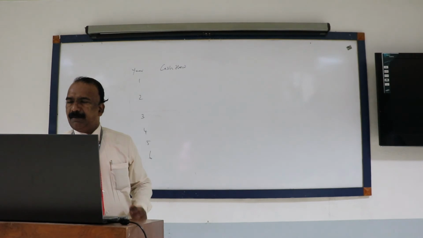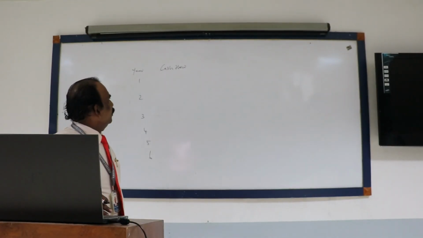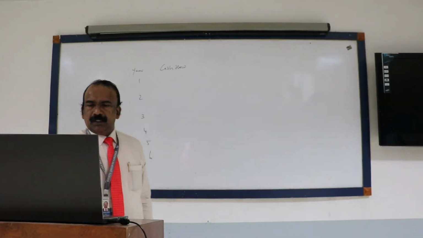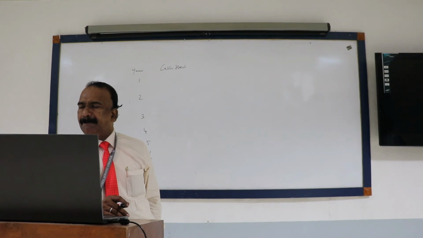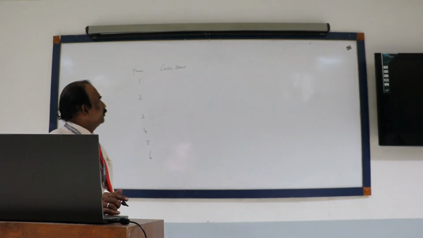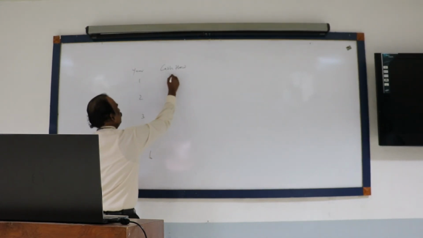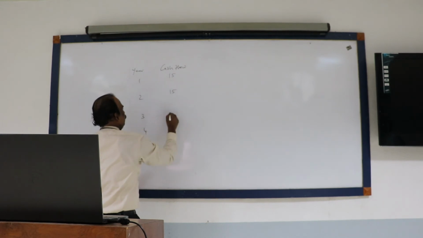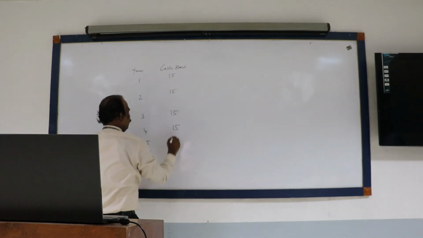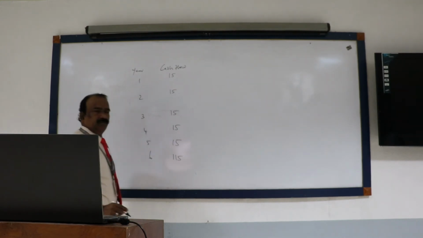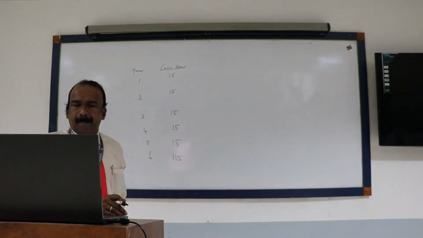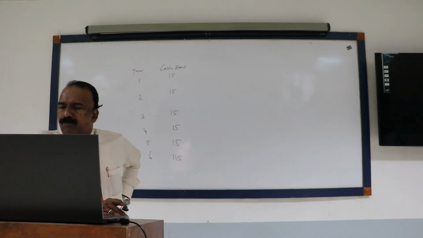The coupon rate is 15%, so 15% of 100 is 15 rupees. Second year 15, third year 15, fourth year 15, fifth year 15, last year 115. Got it? Yes, sir.